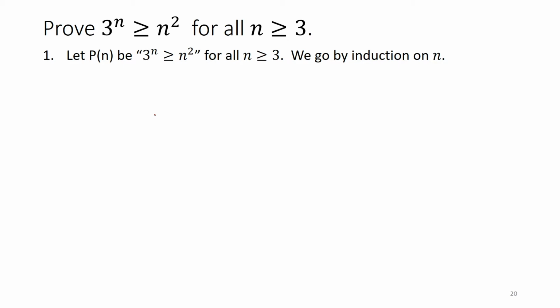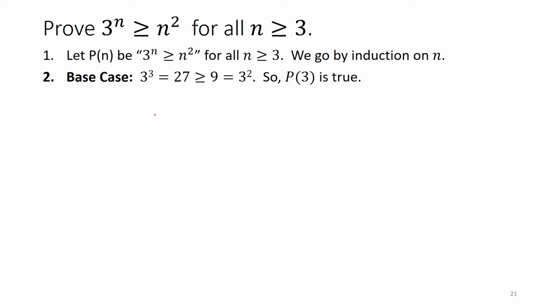So first, we need to define the claim. The P of n is 3 to the n is greater than or equal to n squared, for all natural numbers greater than or equal to 3. Okay.